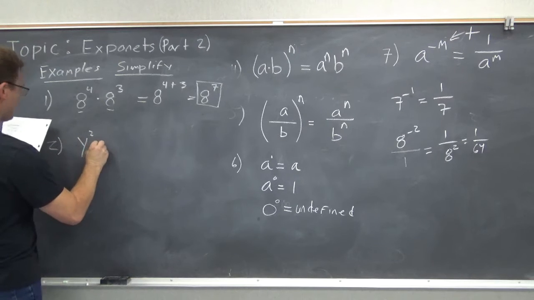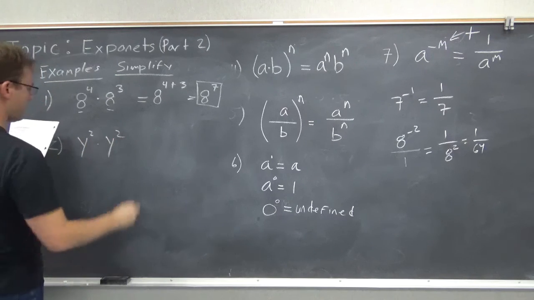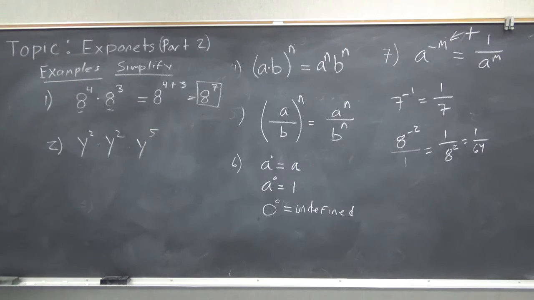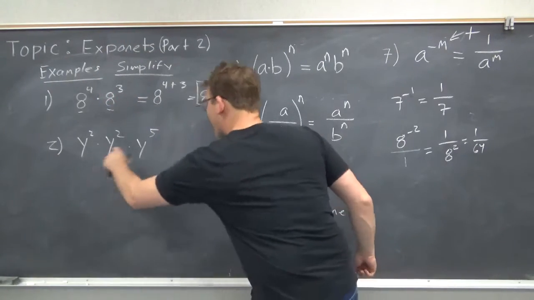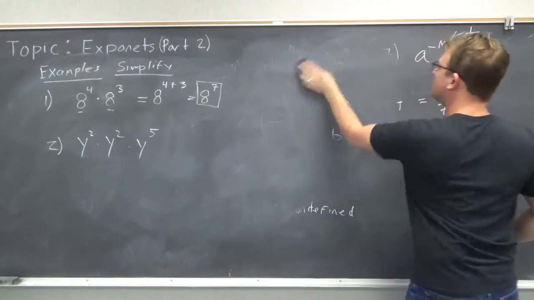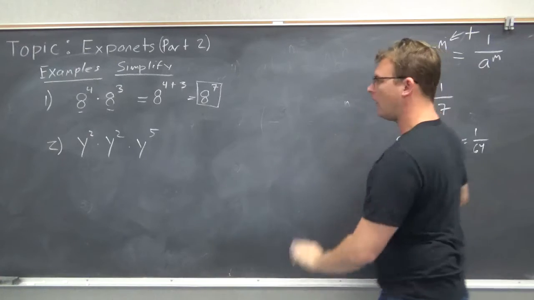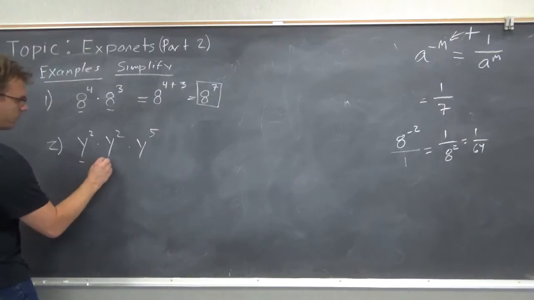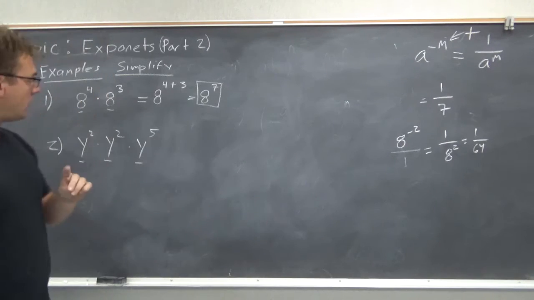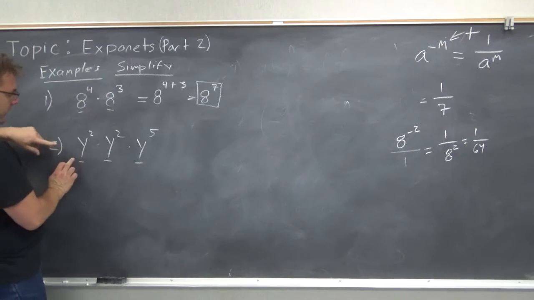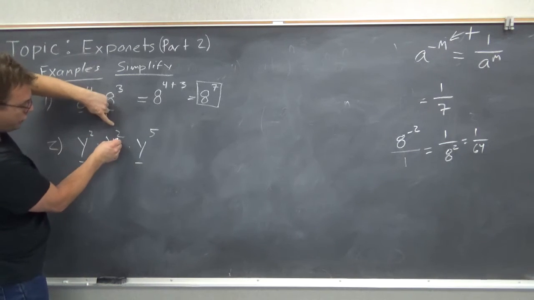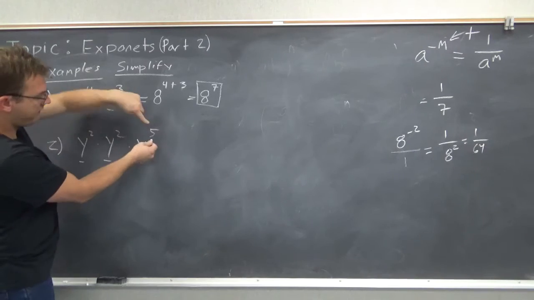y squared times y to the 5th. That one there, well, the y's are the same. So I have this y, this y, and this y. They're all the same y's. How many y's do I have to do here? 2. How many do I have to do here? 2. How many do I have to do here? 5.